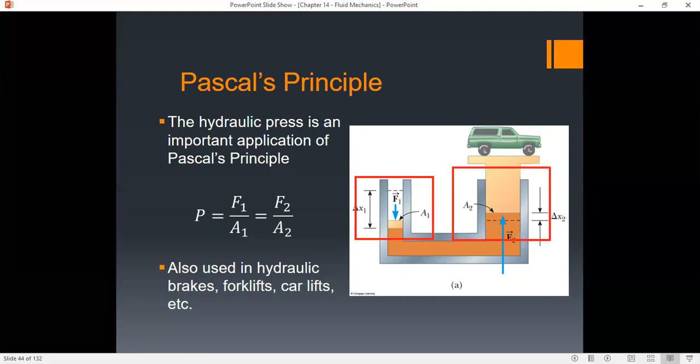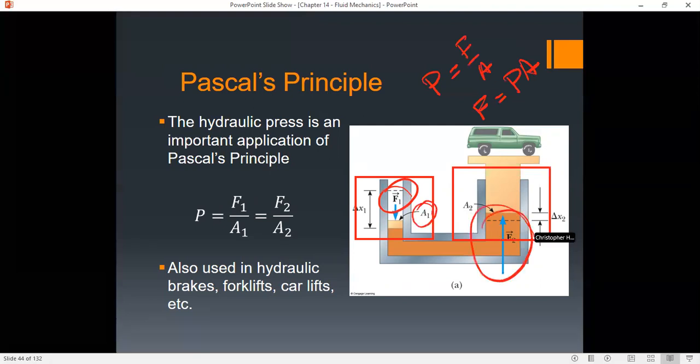If you remember, pressure is equal to force divided by area. That means that force, therefore, is pressure times area. So I can exert less force here, F1, if my area is smaller, A1, and get more force here with a larger cylinder piston.